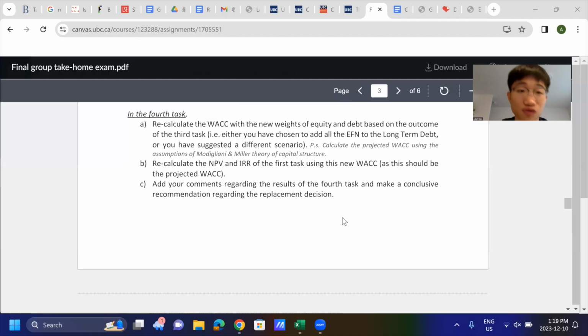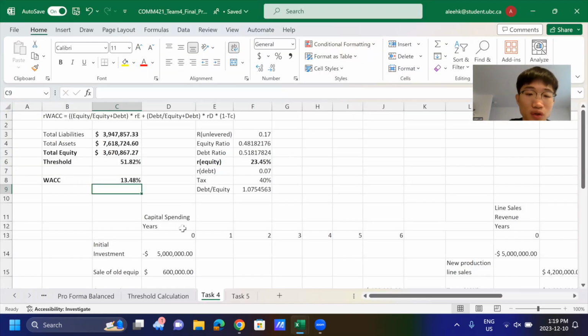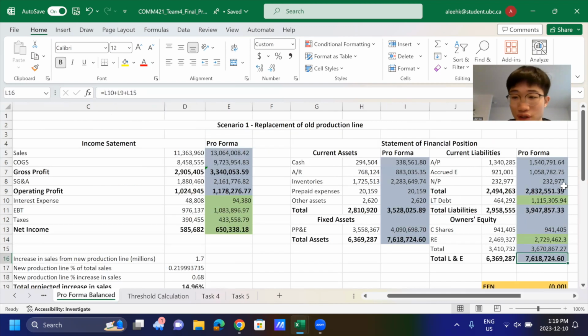Okay, so as for task 4, part A, we recalculate the WACC. First of all, we used the figures from the pro forma balance, which is the total assets and total liabilities, and we also calculate the total equity. So these are based on figures here: total liabilities and equity, which equals assets.